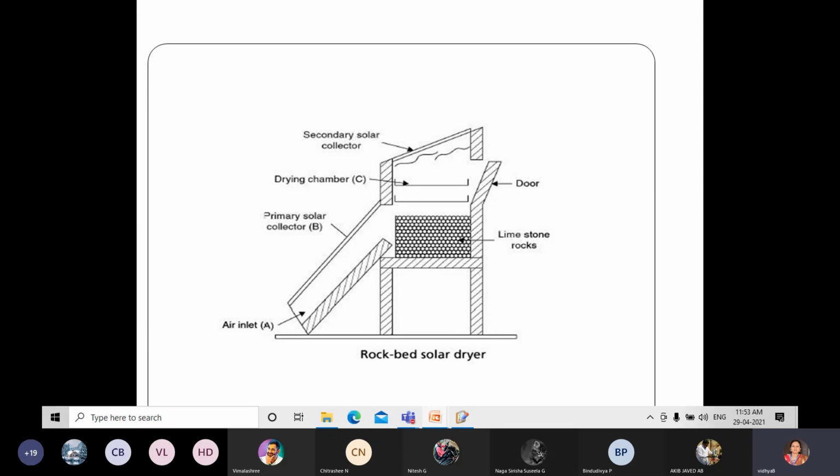This is the process here. Sensors and thermostatic controls are also installed, to turn off the incoming air for some crops or products.